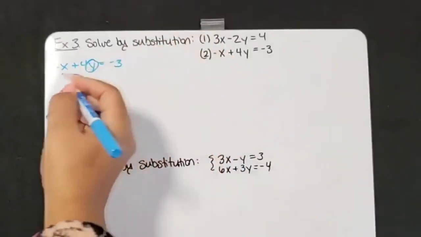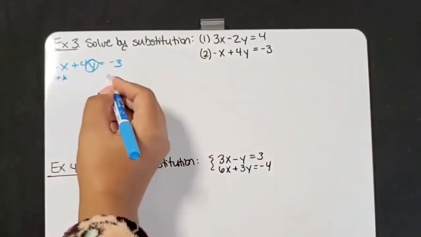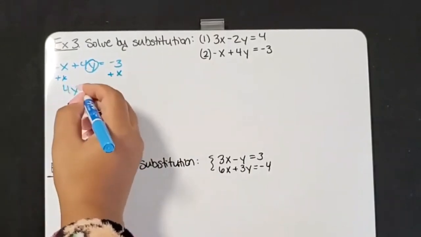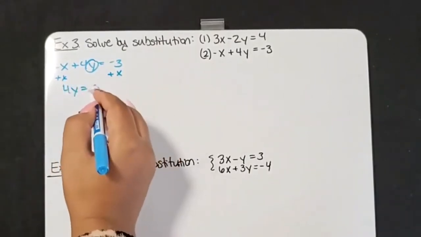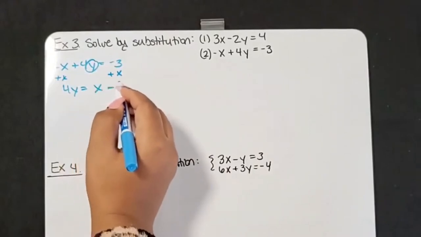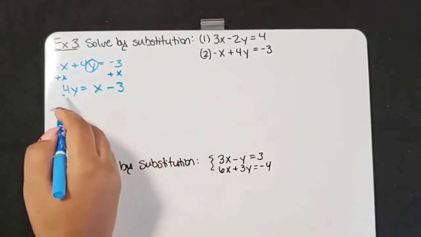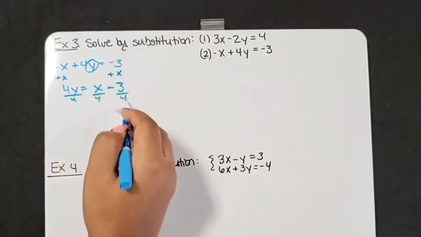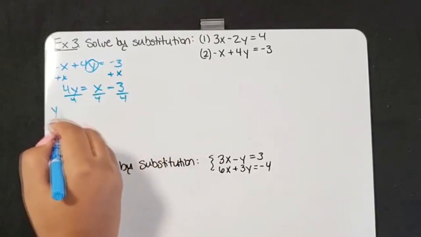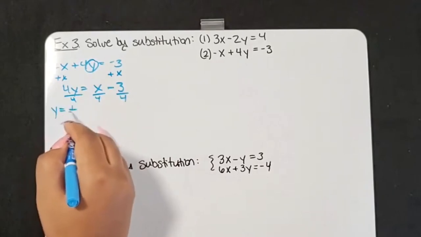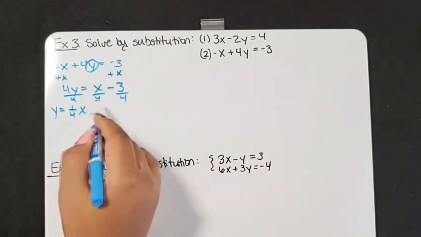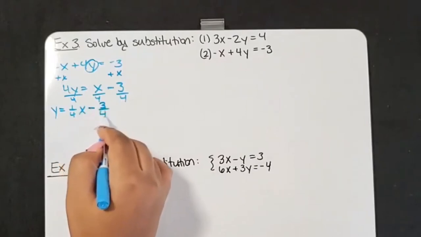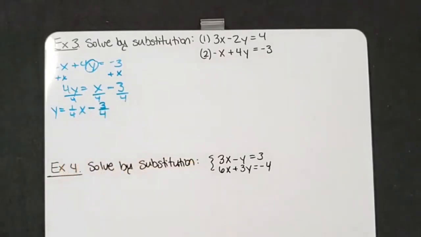So that means that we need to add x to both sides, and we'll have 4y equals x minus 3. Then we'll have to divide everything by 4. And we have y equals 1/4 x minus 3/4.